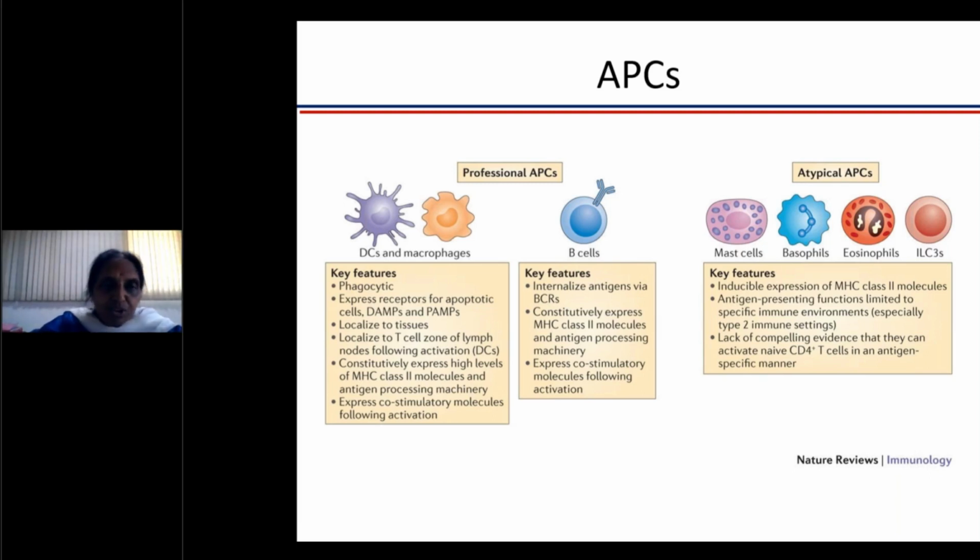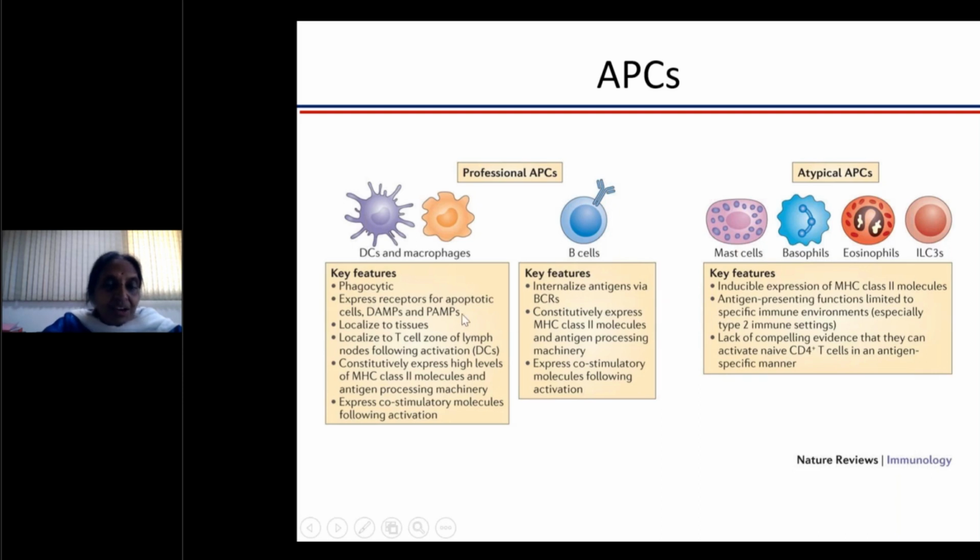For cells which need to present antigen, the first prerequisite is that they should be able to take up the antigen. They should be able to internalize the antigen. So the phagocytes internalize the antigen by phagocytosis, while the B cell doesn't have the capability to phagocytose. So it internalizes the antigen by binding to the B cell receptor.